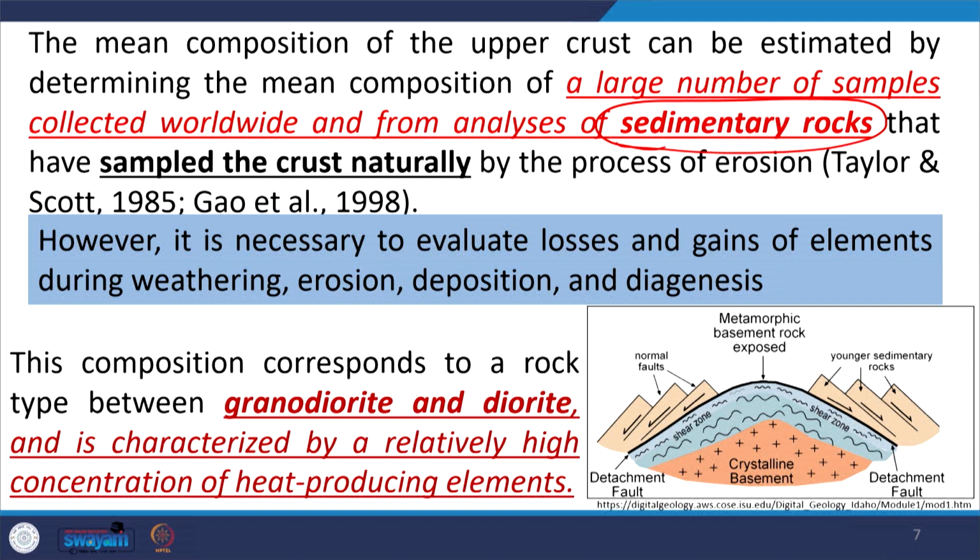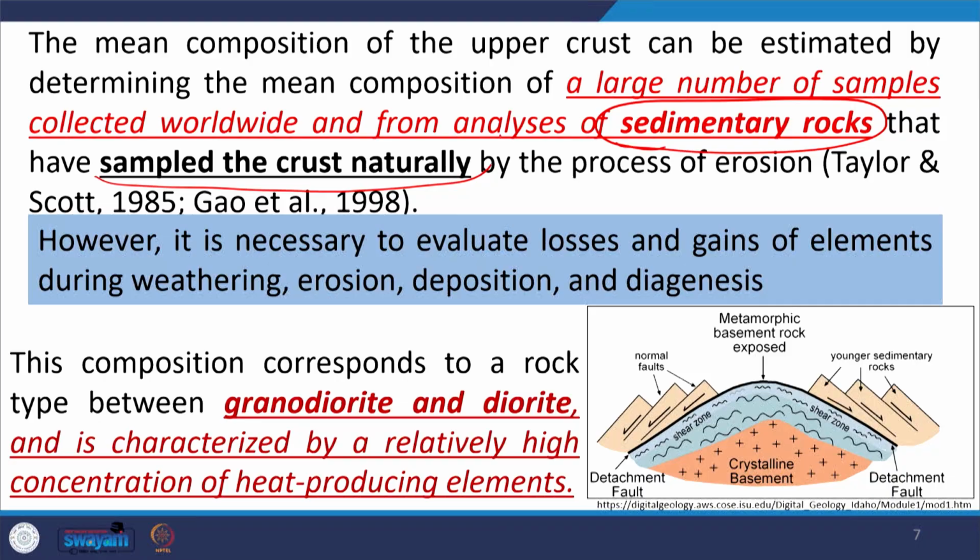The sediments are products of the weathering and erosion of the upper exposed surface, that is the upper continental crust. So the concept was, if we can sample sedimentary rocks worldwide and calculate their chemical composition, then probably it will yield the correct composition of the upper continental crust, and that is true.